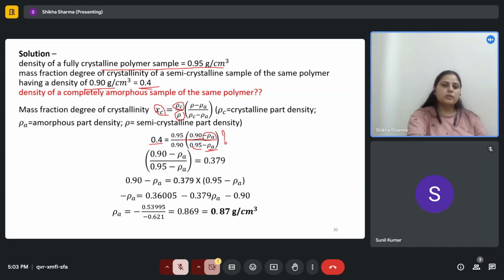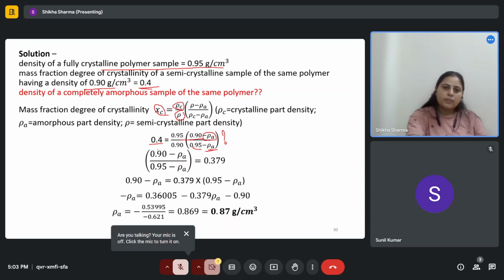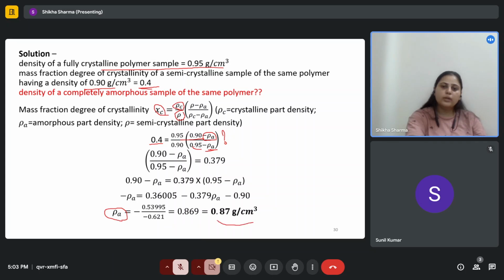So we just need to solve this. When we simplify, we get the amorphous part density as 0.87 gram per centimeter cube.